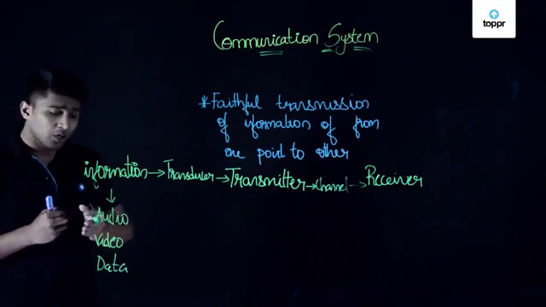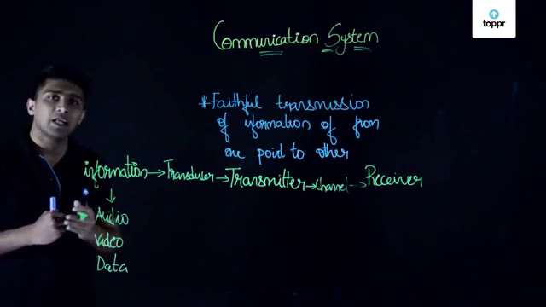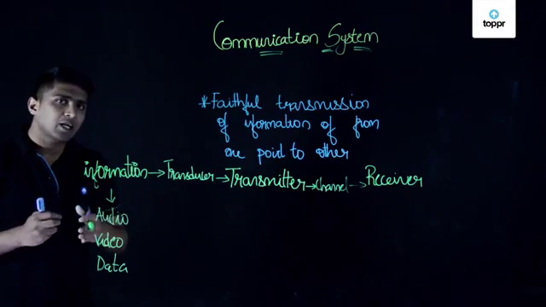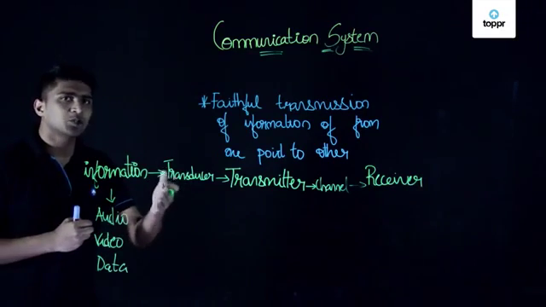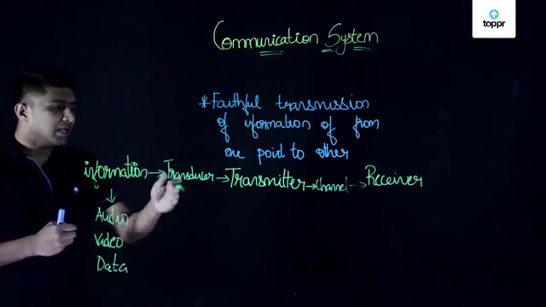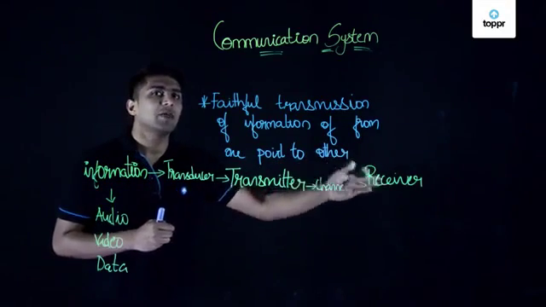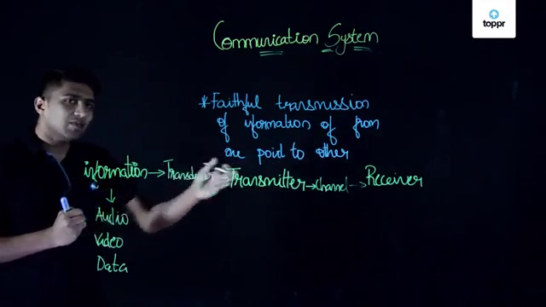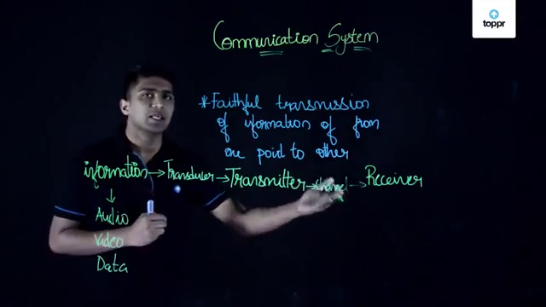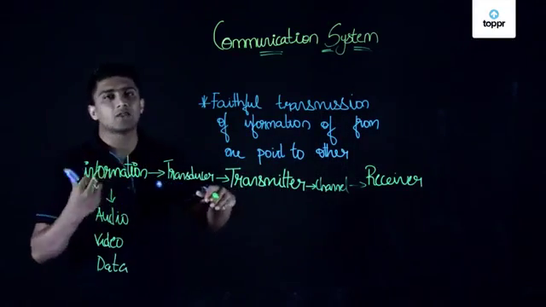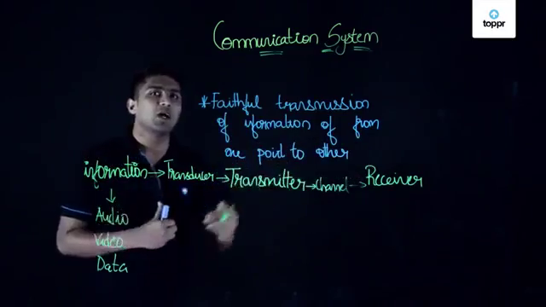It can be audio, video, or even data. Then that input signal will be converted into a suitable electrical signal, and that signal will be carried by the transmitter through a channel and given to the receiver. At the receiver end also, the electrical signal will be again converted into its original form and given to the user.